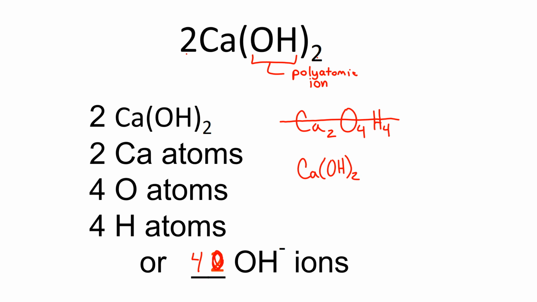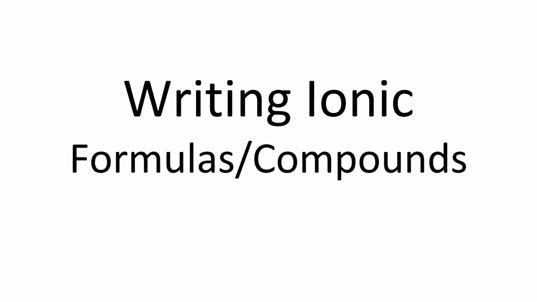Got it? All right. So we're just multiplying everything in there. But I can't change the way the formula is written. I have to write the formula a certain way. That's where we're going from this point: how do I know what the formula should look like?